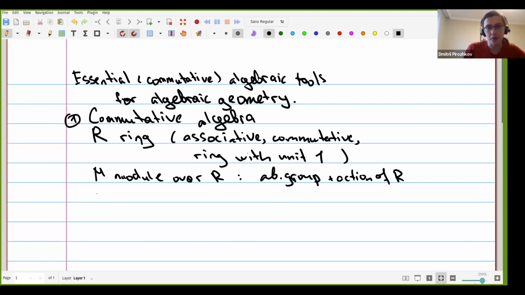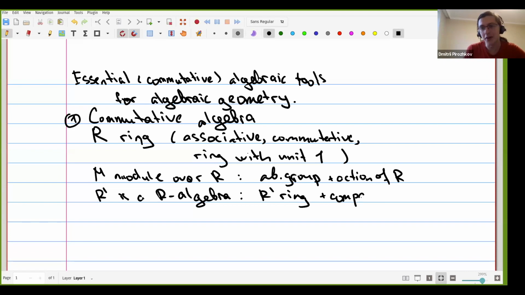And I will also be interested in algebras over my ring. R prime is an algebra. Well, the first definition is that R prime is a ring plus a compatible module structure over R.